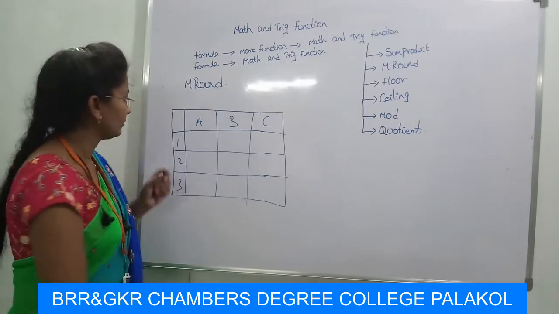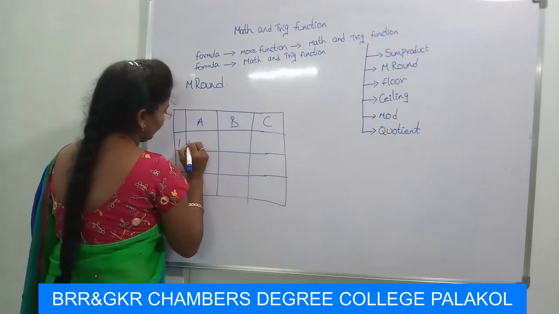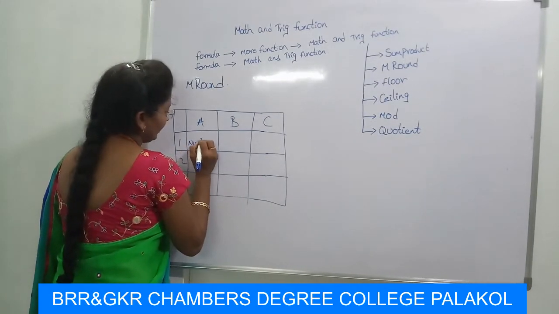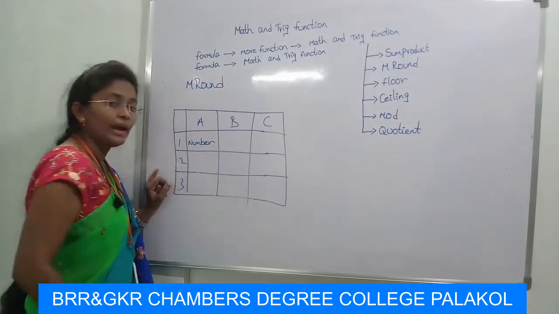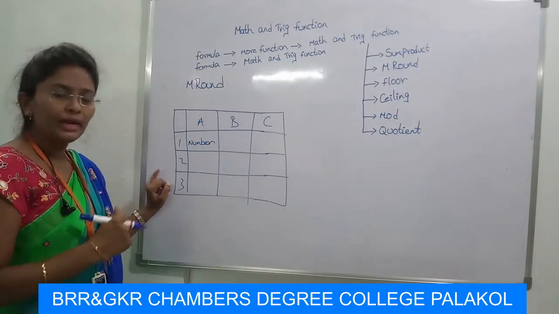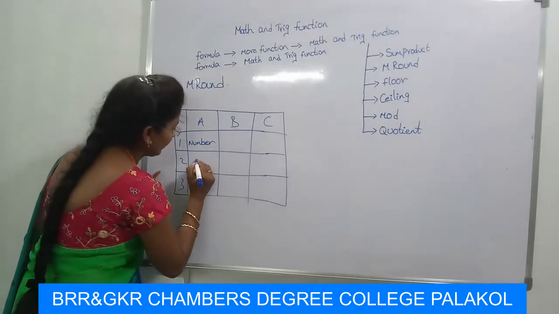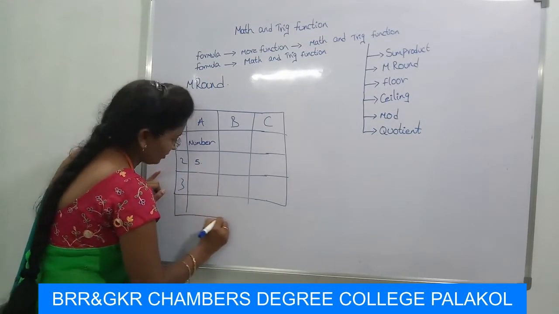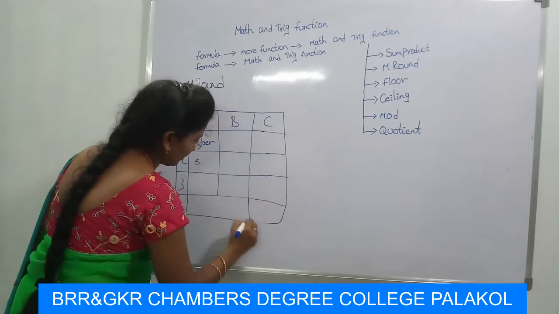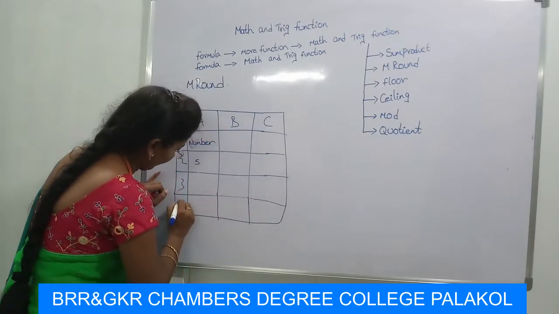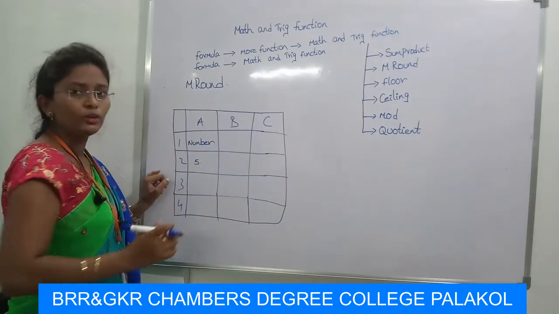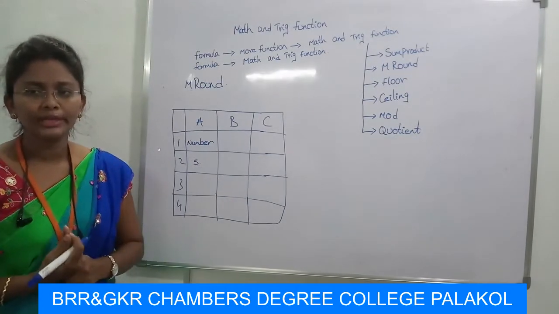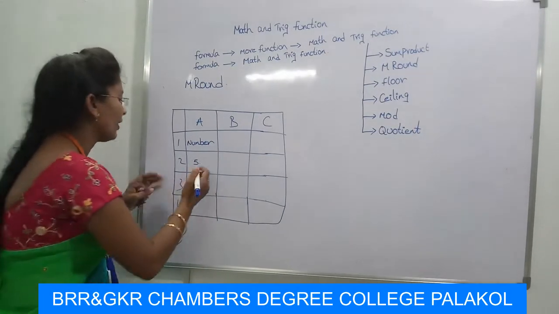In A1 cell, I am taking the data as number, and I am entering some numbers like 5 point something, and here I am taking another cell also. In A2 cell, I have to enter some data. That data is 5.9.